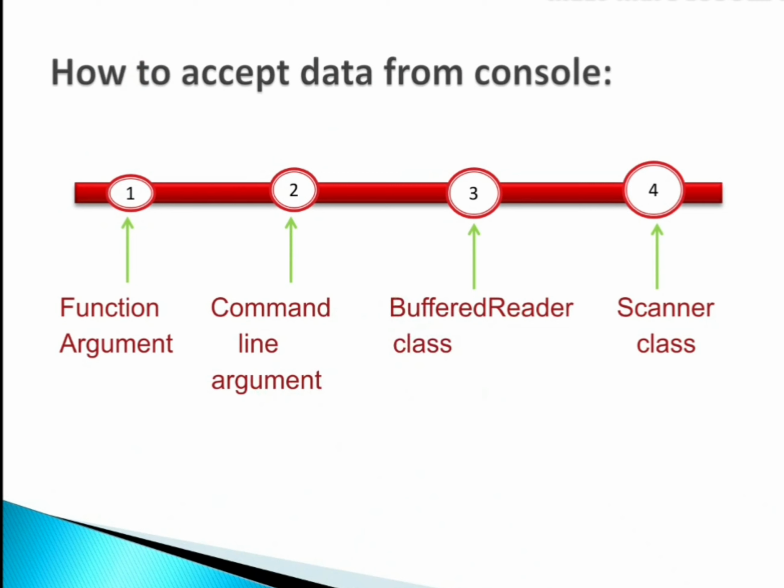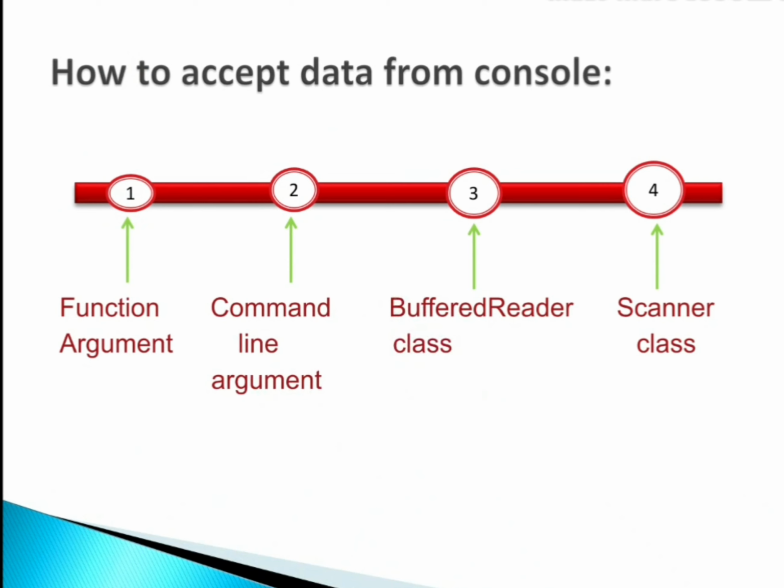See, actually when we are accepting data from the console, we have different ways. First one is function argument, then we have command line argument, then we have the BufferedReader class, and then we have the Scanner class.